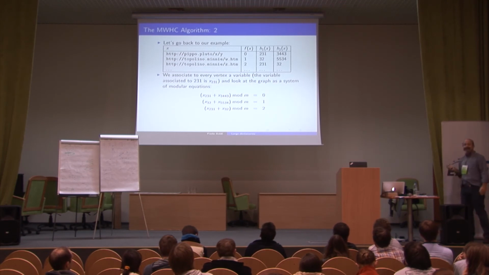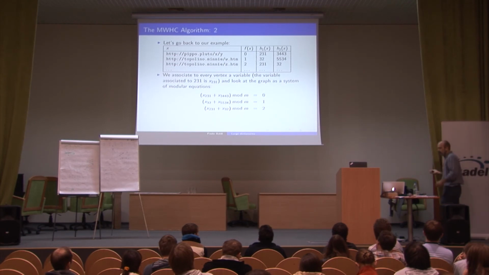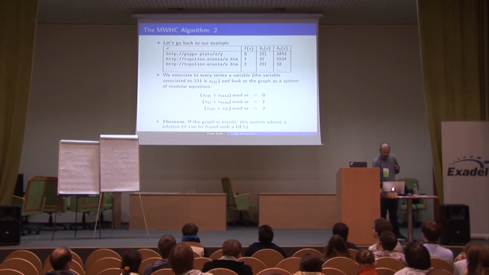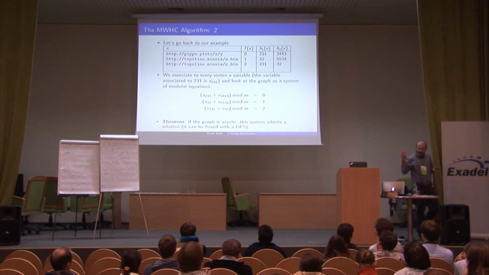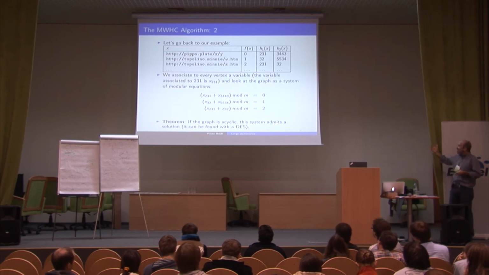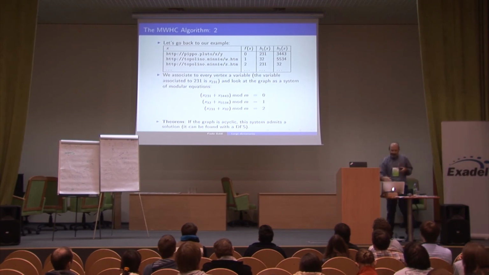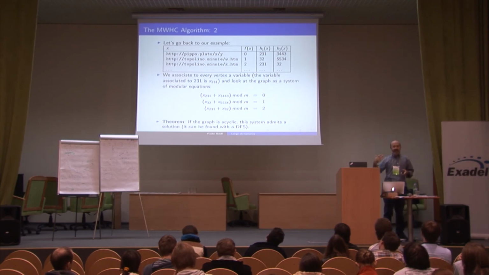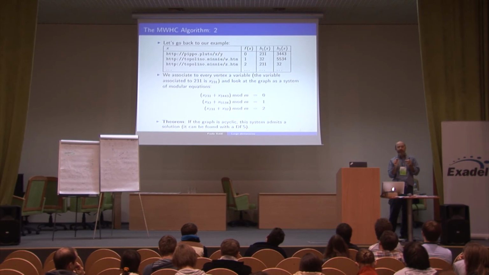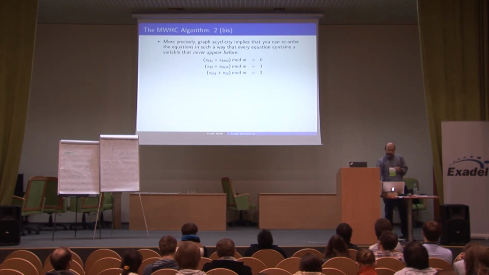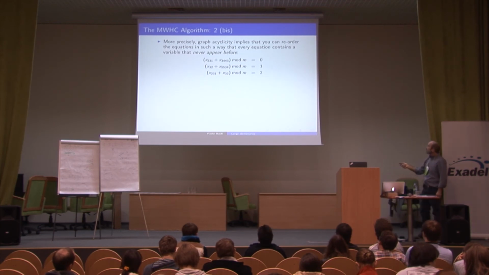Now, the fact that the graph is acyclic guarantees that you can solve this system. And I will tell you how. This is a theorem, by the way: if the graph is acyclic, this system admits a solution. The reason is that if the graph is acyclic, you can reorder the equations in such a way that in every equation, at least one of the two variables never appeared before. In this very stupid example, a reordering would be like this.